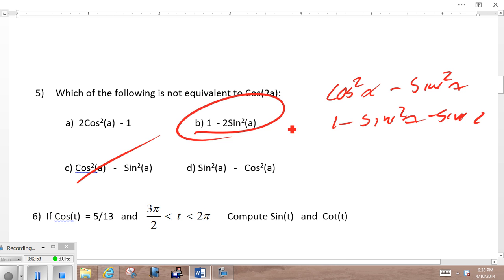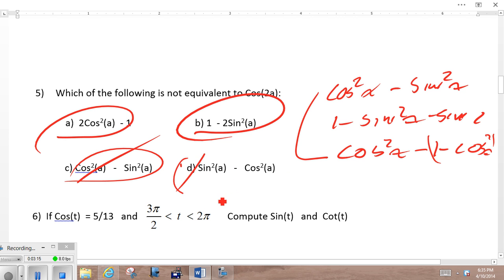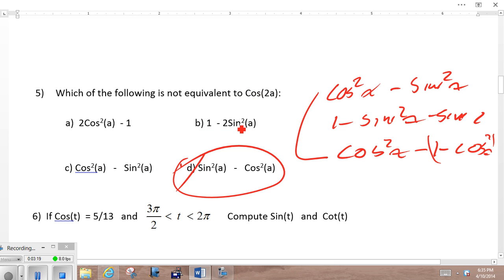This is this guy. Or you could alternately rewrite that as cosine squared of alpha minus 1 minus the cosine squared of alpha, which would be 2 cosine there. So the only one that's not equivalent is G. So G is the actual answer. These are valid. Okay.